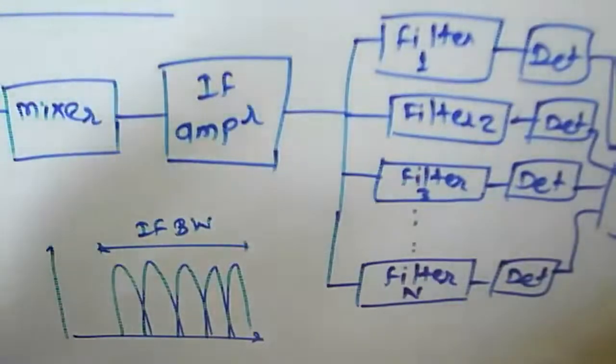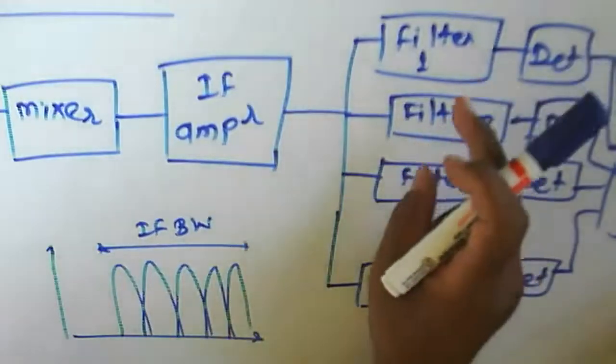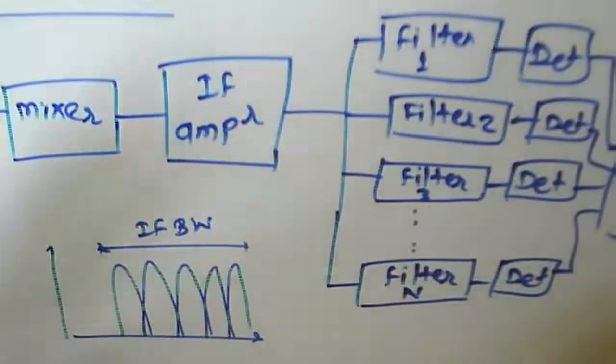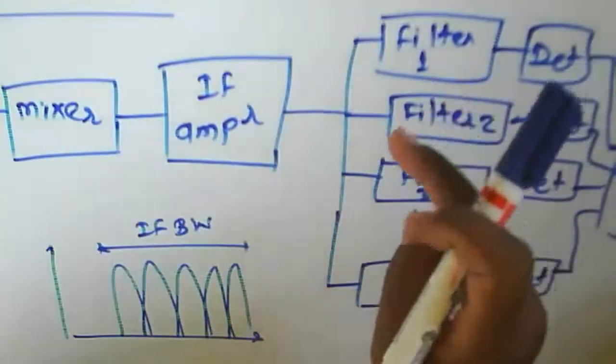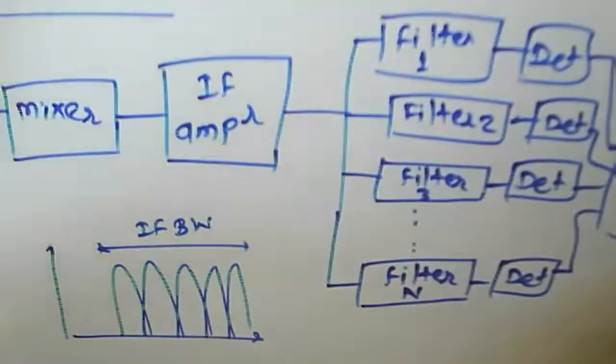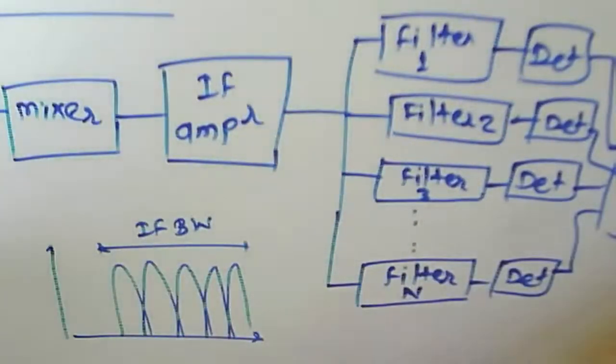Here we are supposed to use a bank of narrowband filters, and those narrowband filters are spaced according to whatever Doppler frequency shift is allowed. According to that, there will be spacing in the filter bank, and this particular filter bank is used to improve the signal to noise ratio.